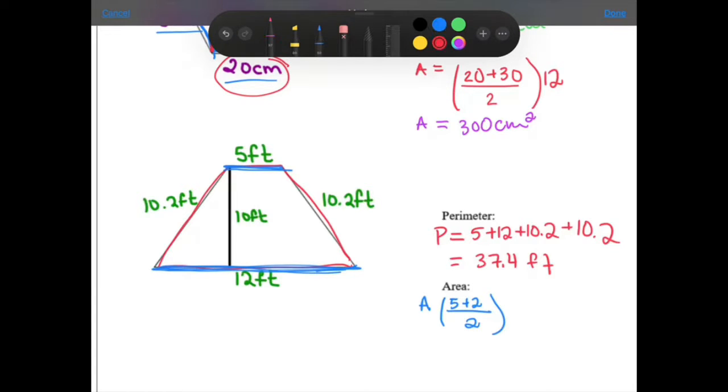And our height is our distance between the two bases, perpendicular to the two bases, right? So this is our height. So it's 10 feet. So multiply all of that by 10, and our area is equal to 85 feet squared.